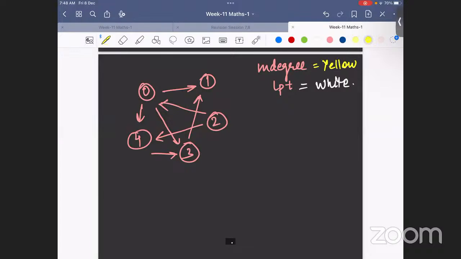So in degree you are already aware of: 0, 2, 1, 2, 2. Longest path I have to initialize as 0, 0. All should be 0. Correct?